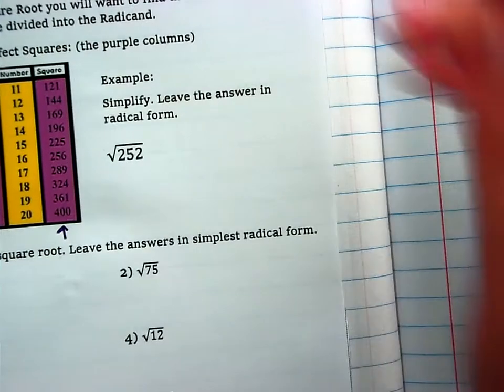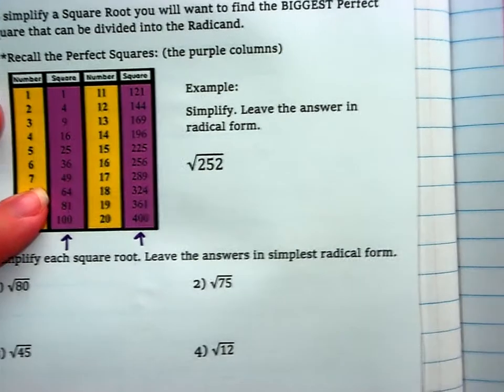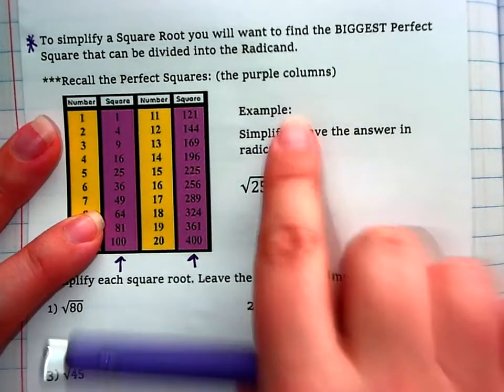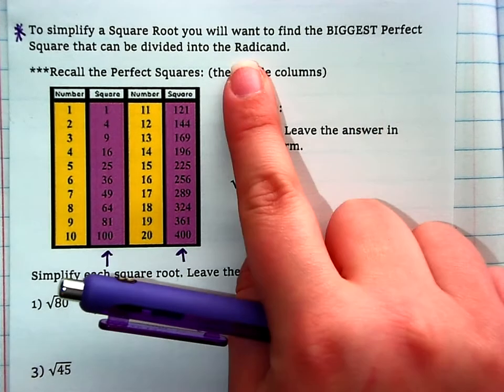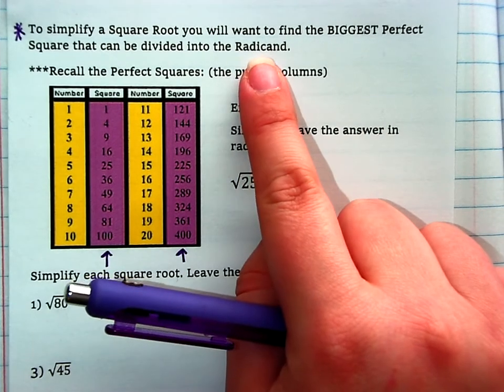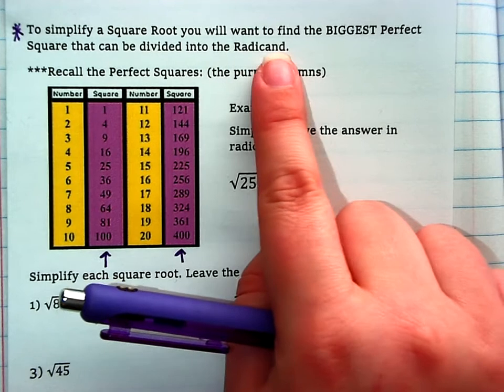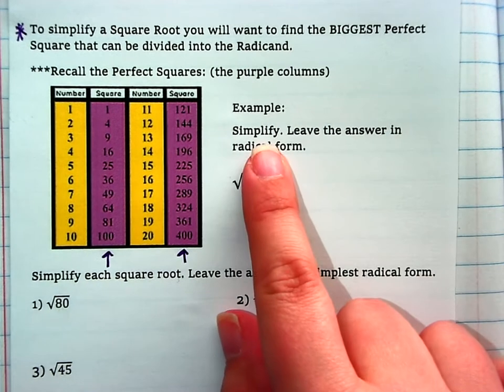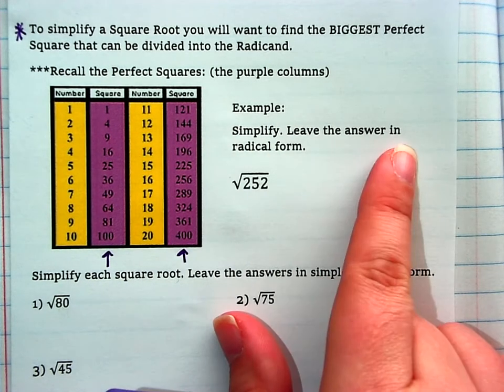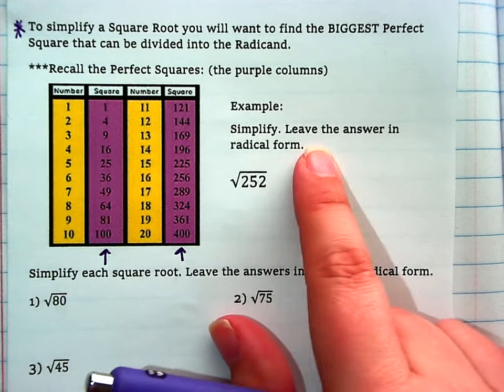Okay. So this is the most useful information. To simplify a square root, you will want to find the biggest perfect square that can be divided into the radicand. So this is all we're doing today. For example, we want to simplify, leave the answer in simplest radical form.